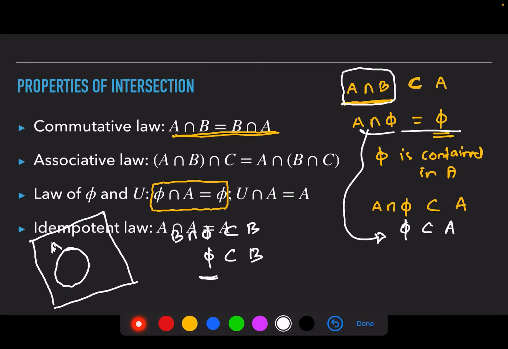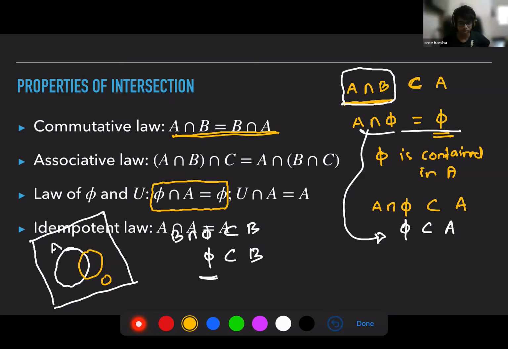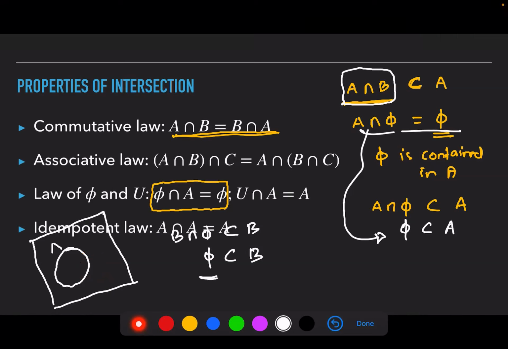No. But when you say it is going to make an intersection, you think that there is some phi element that is making an intersection. The moment you draw like that, what are you saying here? You're saying that there are some elements in phi. There are no elements. So ideally what you're trying to do is imagine that there is some dot which is representing the empty set. That dot cannot contain any elements, but you can associate that to be part of any set.